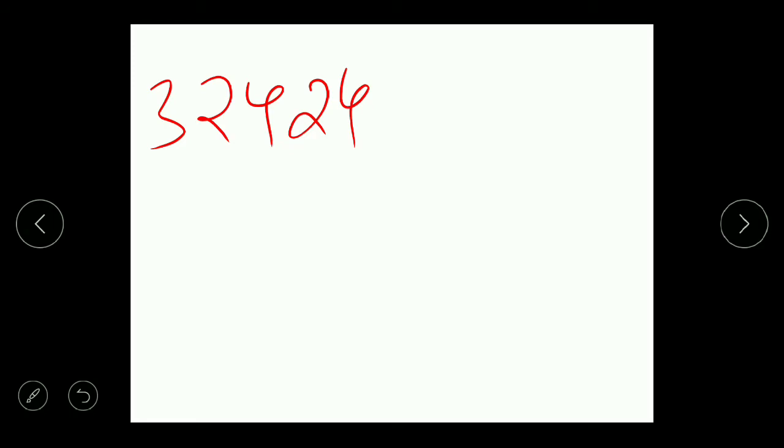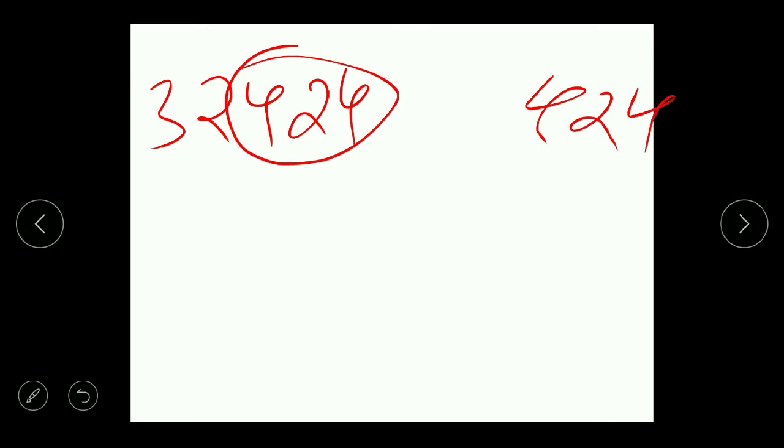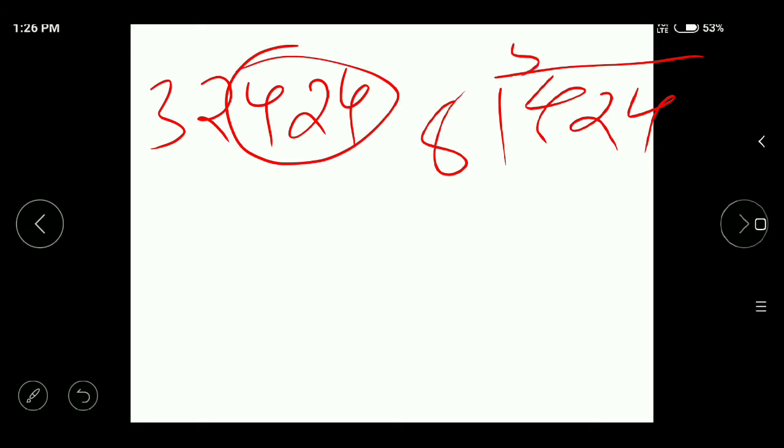Then let's take some example. 3 2 4 2 4. Is this number divisible by 8? So we need to check the last 3 digits. So 424. Okay, then we need to divide it by 8. So in 42, 5 times, 5 into 8 equal to 40.